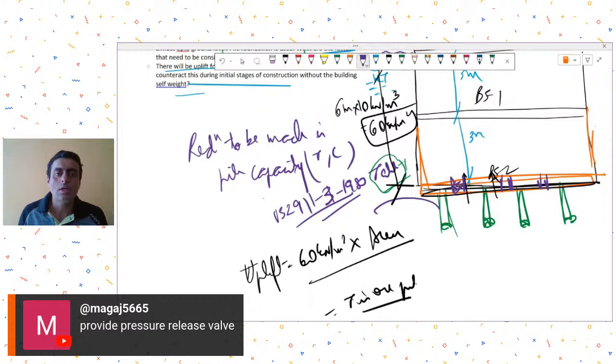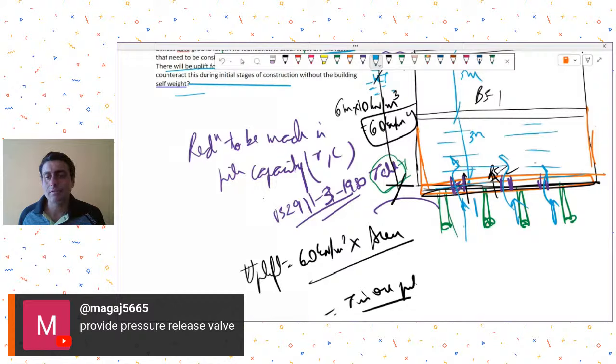Why so? This is to ensure that when the slab has been cast, if your water table is trying to apply pressure, the water will easily get through these openings and just fill up your basement. You understand my point?